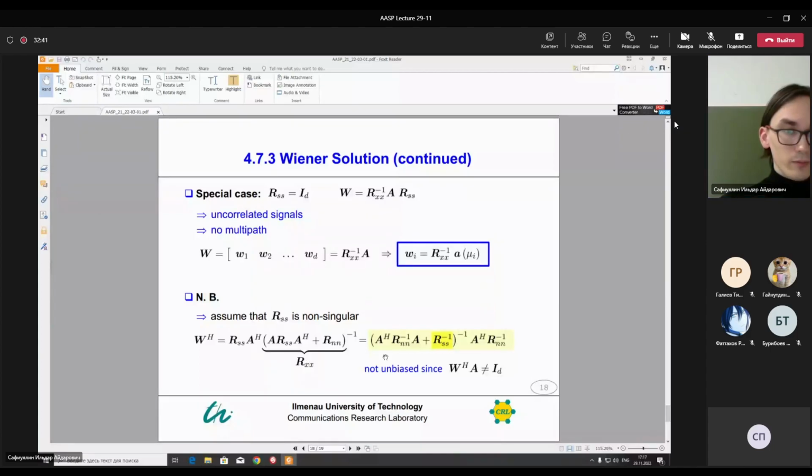And here, yes, using these equations, we can see that this solution will be unbiased. So how do we show this thing?